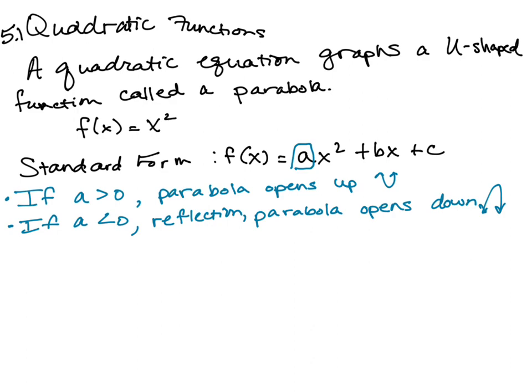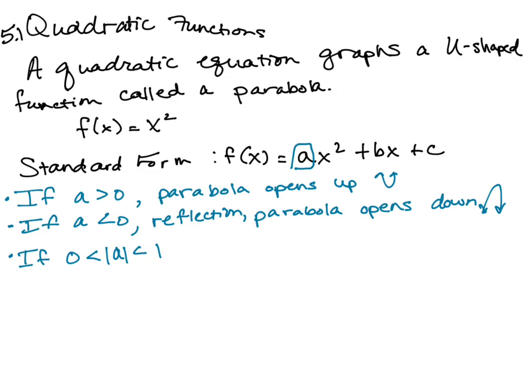So those are two things that could happen to a: it could be positive or negative. What else could a look like? It could be a fraction. Let's say the absolute value of a is between 0 and 1. Why did I say absolute value? Because I already handled the negative; I already know what happens if it's reflected. This is talking about the number itself.